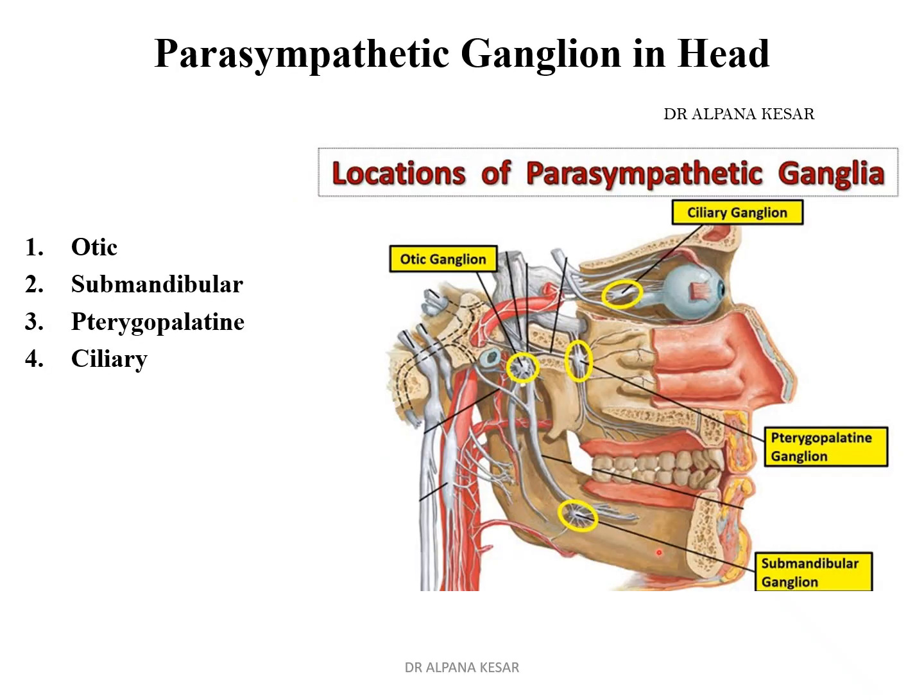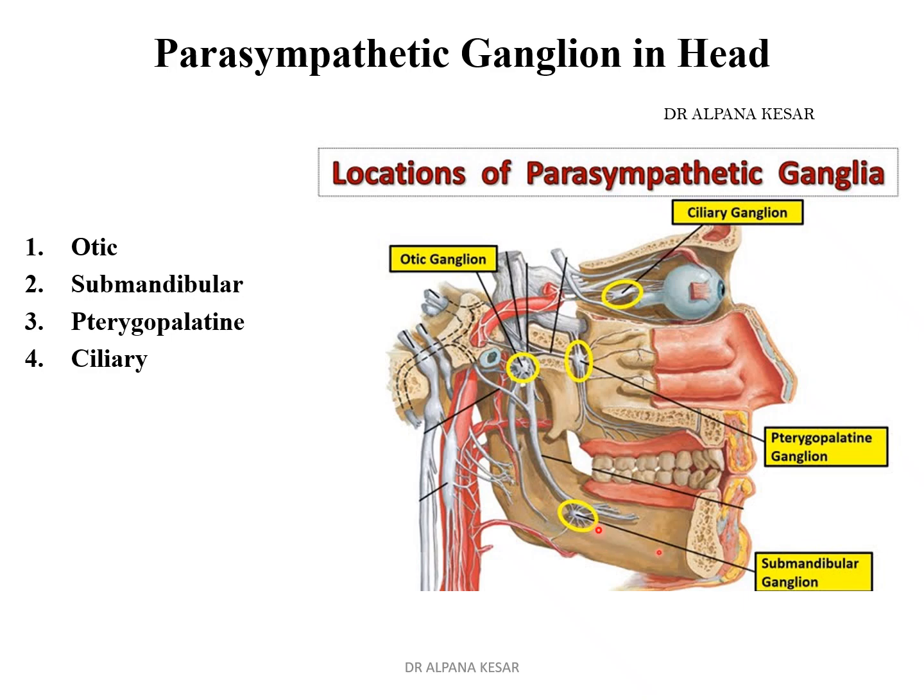Parasympathetic ganglion in head. There are four parasympathetic ganglion in the head region. They are otic ganglion, submandibular ganglion, pterygopalatine ganglion, and ciliary ganglion. Otic ganglion is present in the infratemporal fossa in association with auriculotemporal nerve, branch of mandibular nerve.